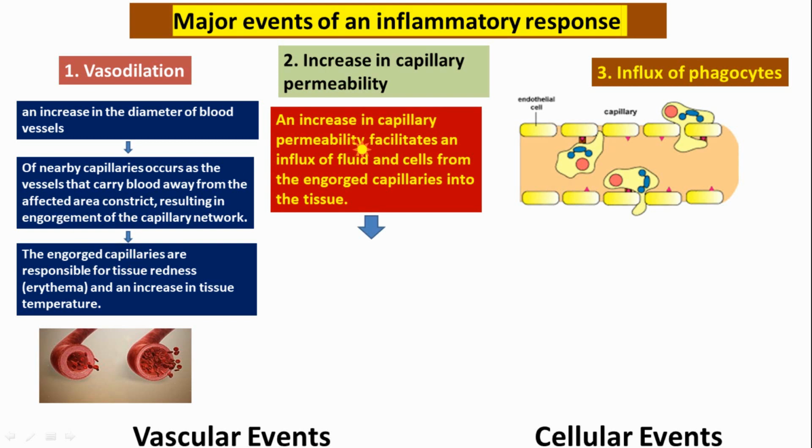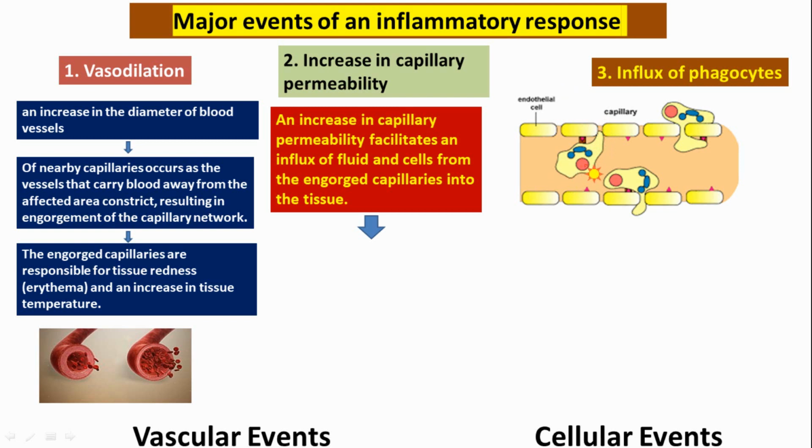It facilitates an influx of fluid, and along with that fluid, cells from the engorged capillary into the tissue. Whenever there is increased capillary permeability, through it lots of fluid will move from the capillary towards the damaged tissue.